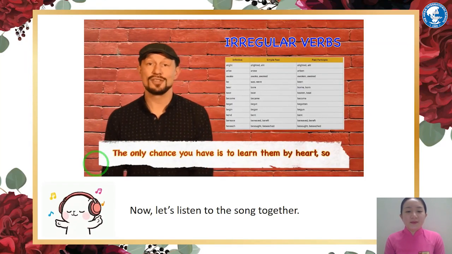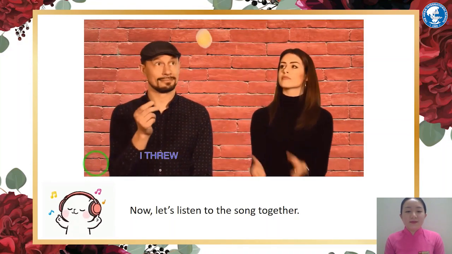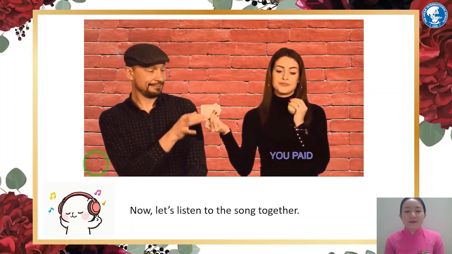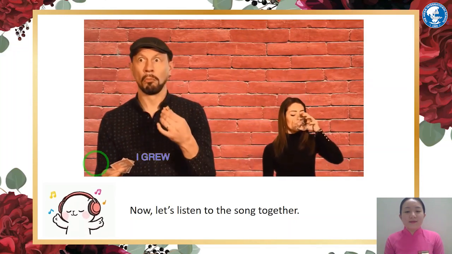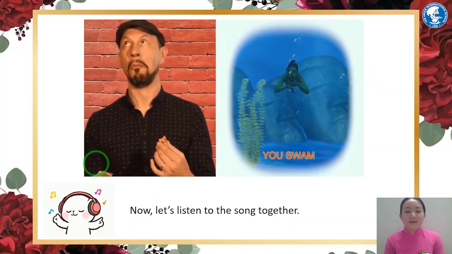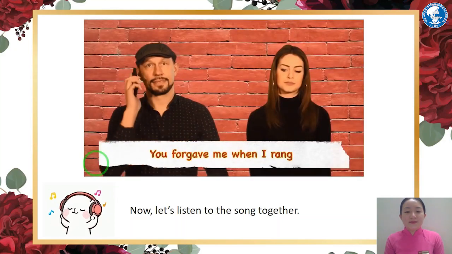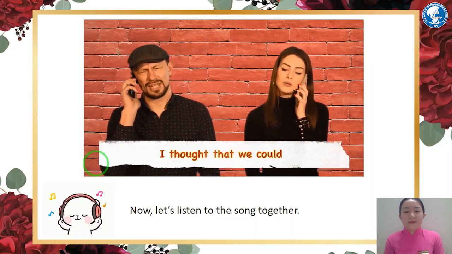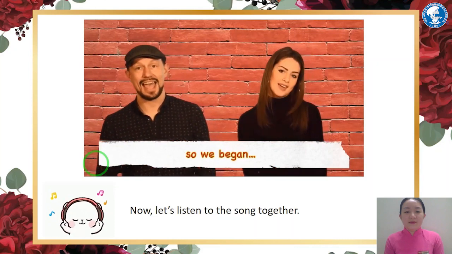The only chance you have is to learn them by heart. So I found you, sought, I threw you, caught, I sold you, bought, and you paid. I ate, you drank, I grew, you shrank, you swam while I sank. You forgave me when I rang. I thought that we could, so we began.